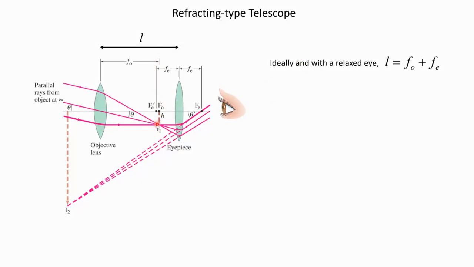Ideally, you move the eyepiece a little bit farther away so that the first image is right on the focal point of the eyepiece, and then the image formed by the eyepiece is very far away. Basically, you move it back and forth to get that as close as possible and still see it clearly. So this is the idealization of the length of a telescope.